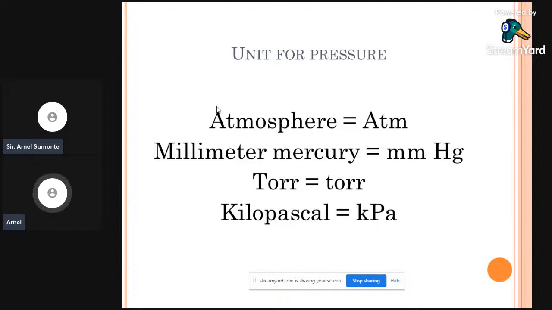So atmosphere is equivalent to atm. Millimeter mercury is equivalent to mmHg. And torr is equivalent to torr. And kilopascal is equivalent to kPa.